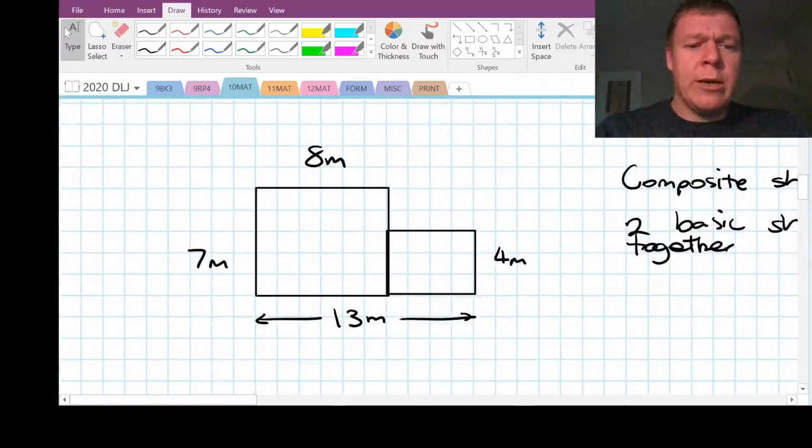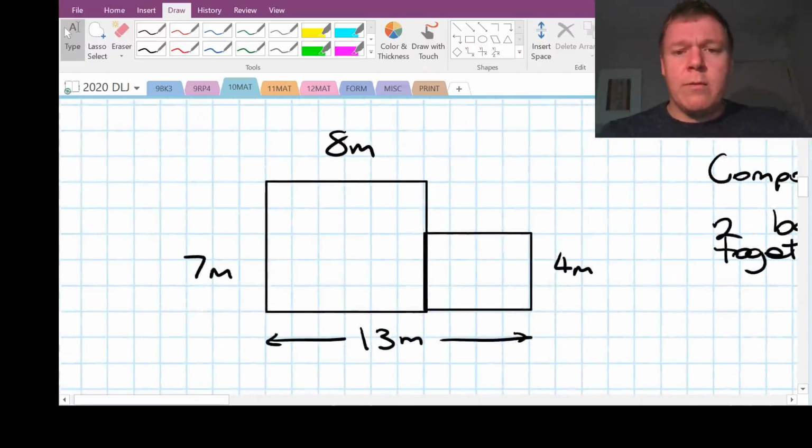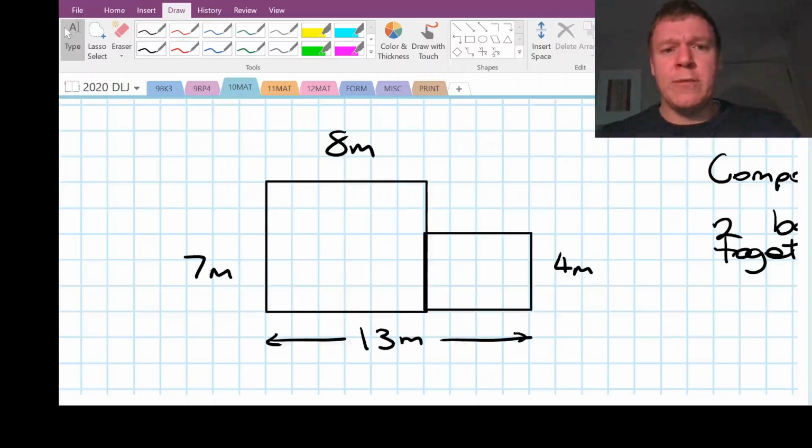Okay, we're going to do a slightly trickier perimeter problem. This is about as hard as it gets, but you get different composite combinations of different rectangles, and sometimes they can be kind of challenging to work out. But there's a few distances that have been left off this one.